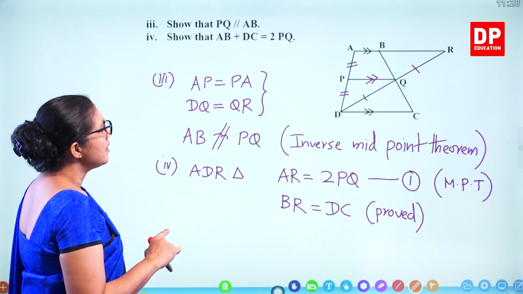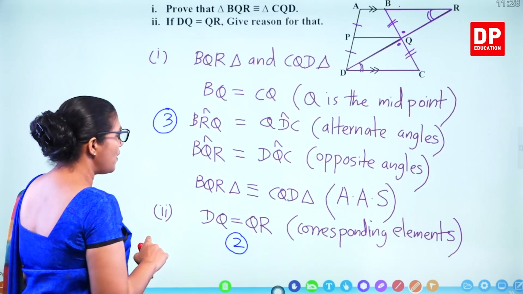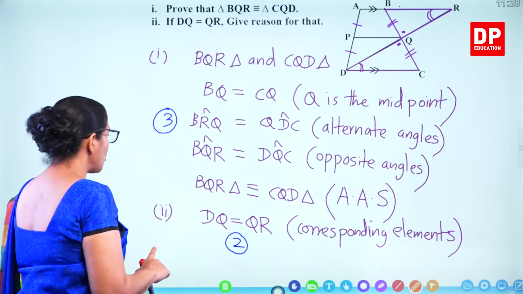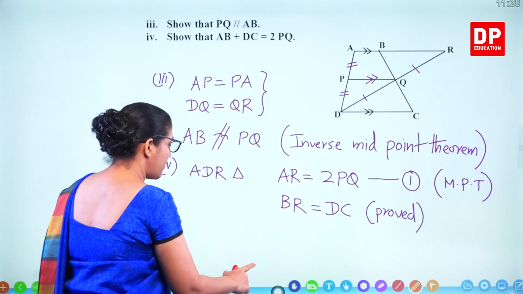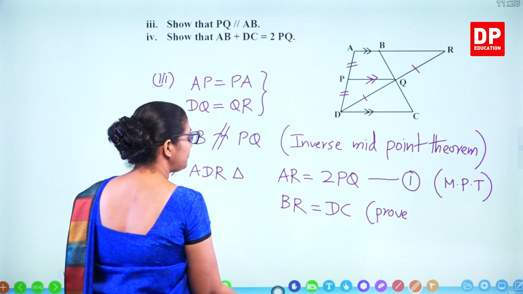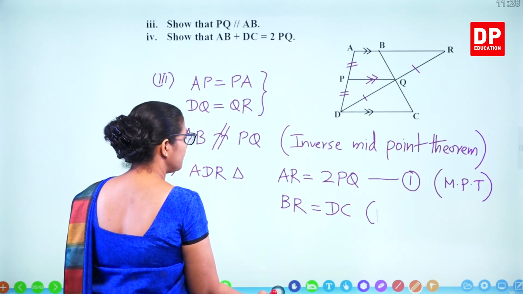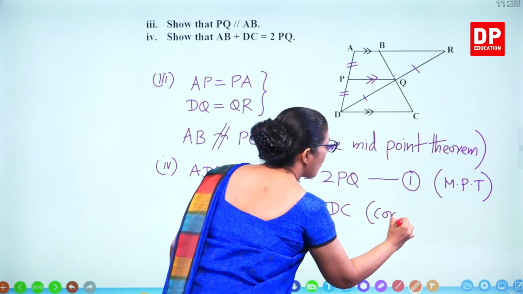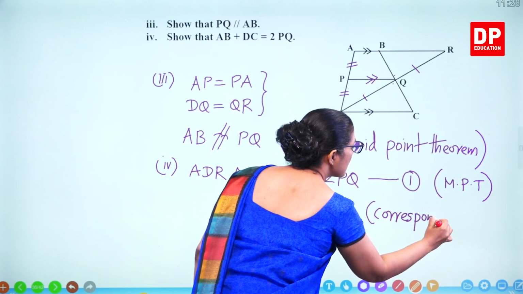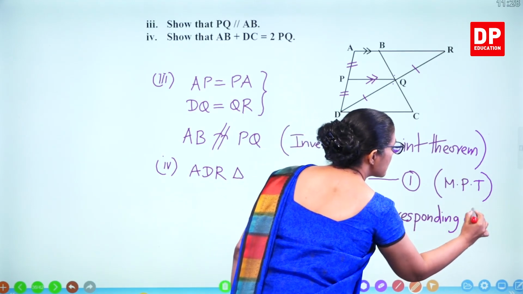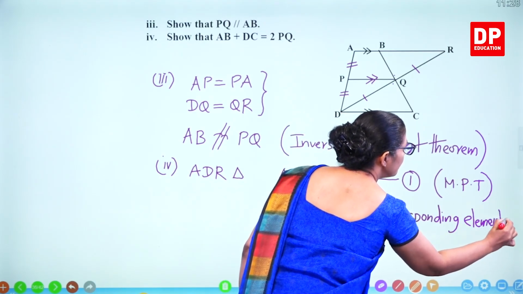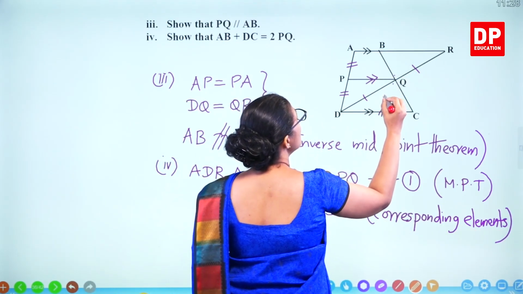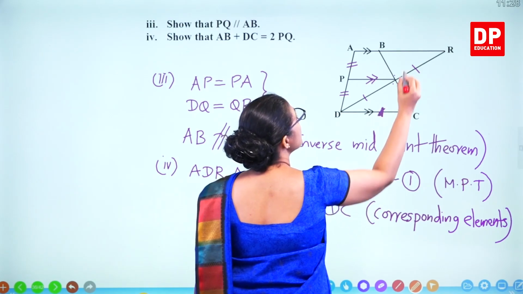Corresponding elements, did we prove that? We proved the other way. So this is also equal. So not proved, you can write corresponding elements. This length is equal to, so I'll put another symbol like this.